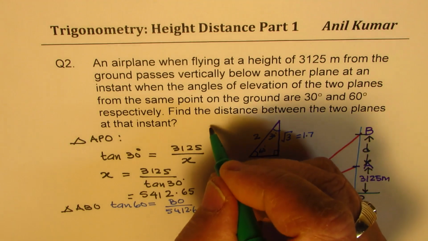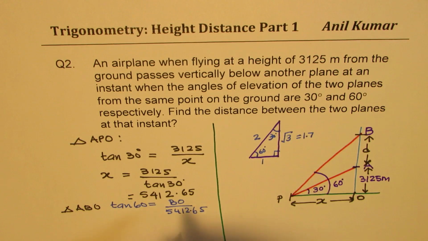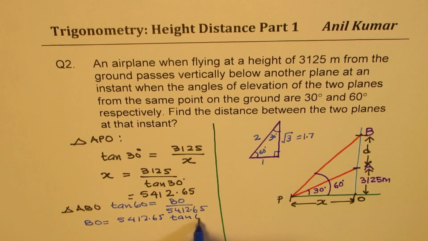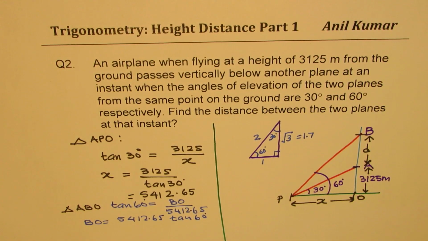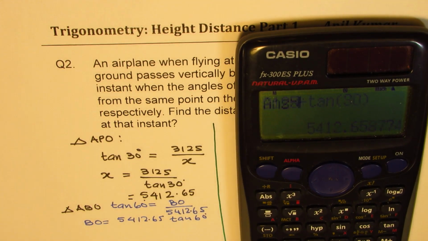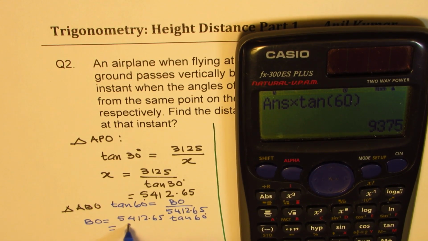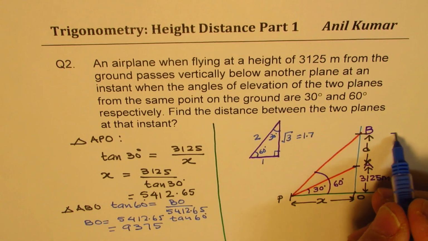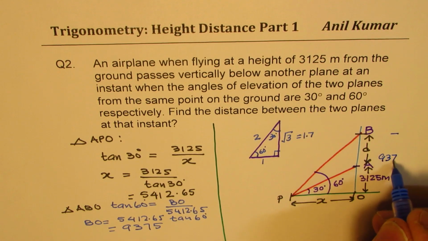Here BO is equal to 5412.65 times tan of 60 degrees. So let's calculate. We already have 5412.65 in the calculator. We'll multiply this by tan of 60 degrees to get the answer as 9375. So we found that the total height is 9375.